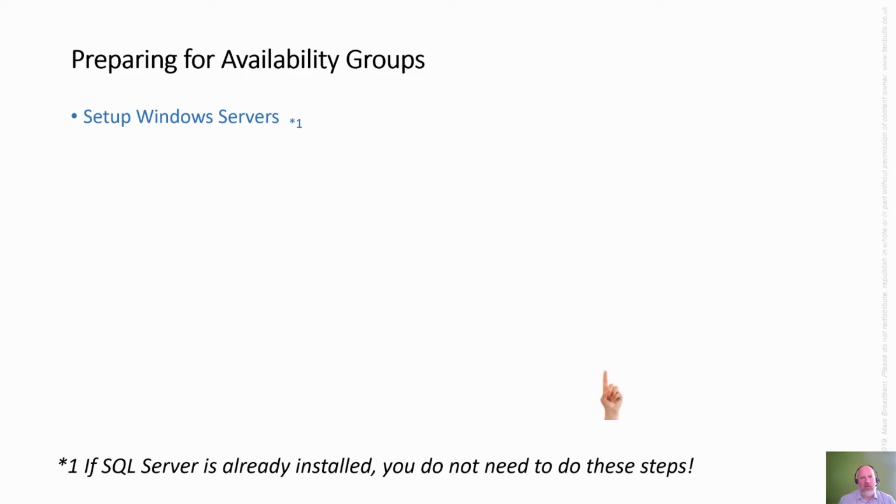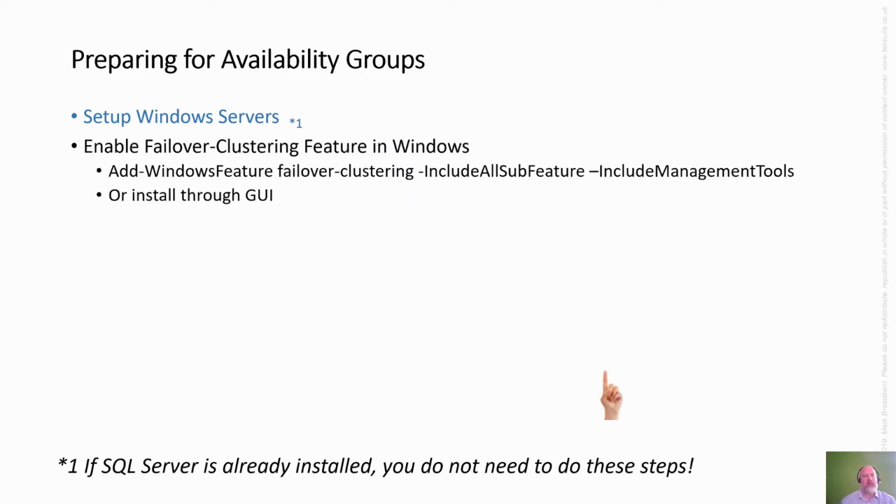Now let's say I'm starting out afresh. Let's say we've got 3 completely new servers. Well, the first thing we obviously want to do is set up Windows on these servers. Once you've got Windows set up on these servers, you then must set up the failover clustering feature. So you need to enable it, and there's a couple of ways of doing this. Probably the easiest way, well I find it the easiest, is to use this PowerShell command Add-WindowsFeature and select the failover clustering module and include all the sub features.